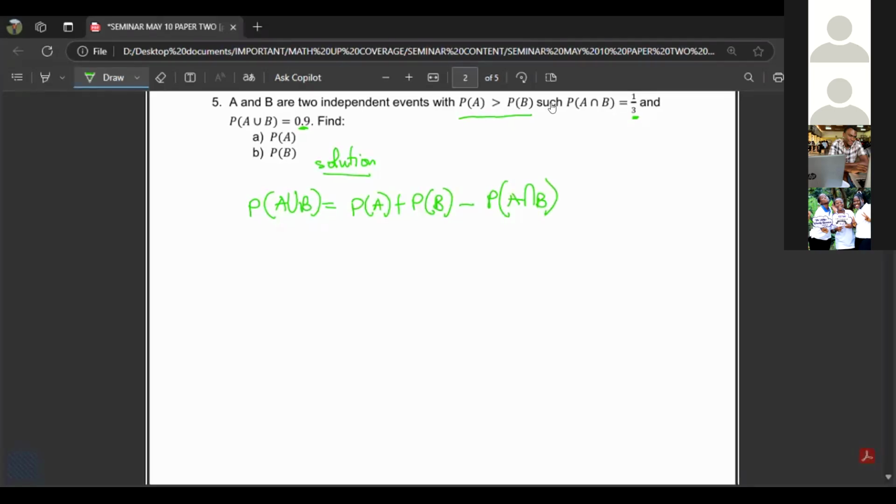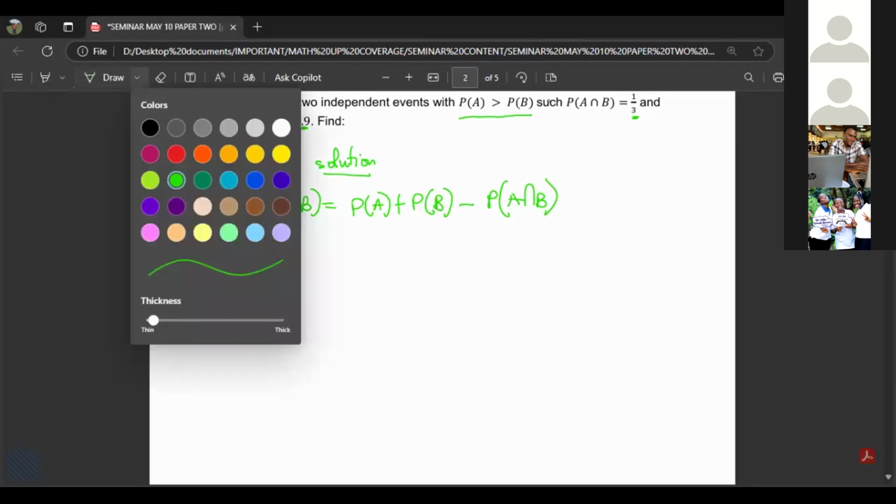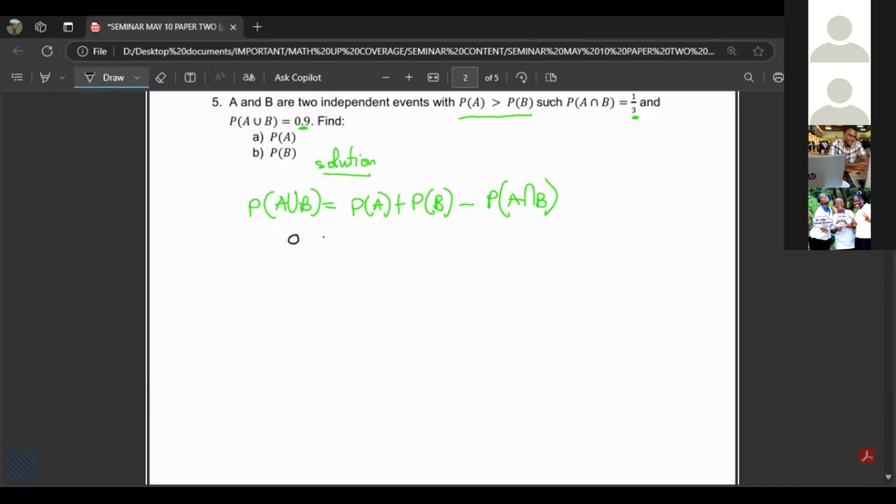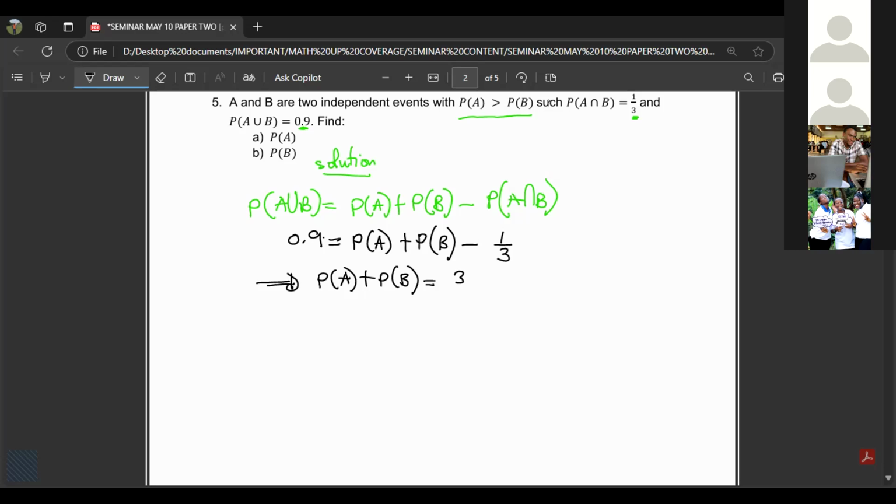So we have the probability of A union B as 0.9, and we do not know the probabilities of A and B, but we know the probability of A intersection B as 1/3. So we can generate an equation relating the two: the probability of A plus the probability of B is equal to 37/30. You can help me check that as well. 37/30. So we have that.